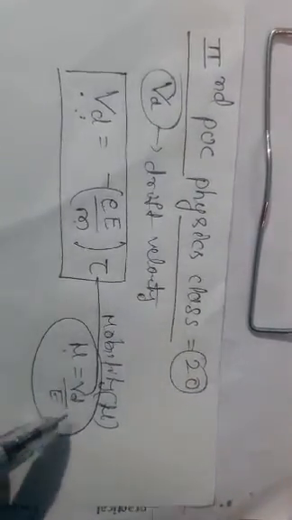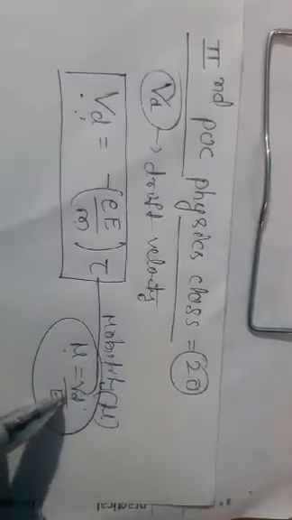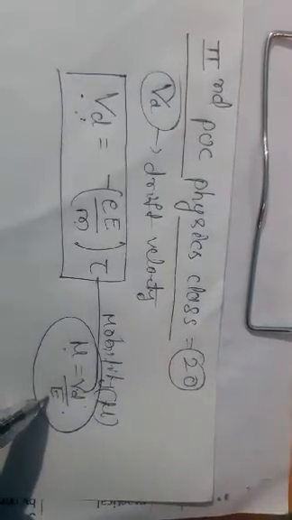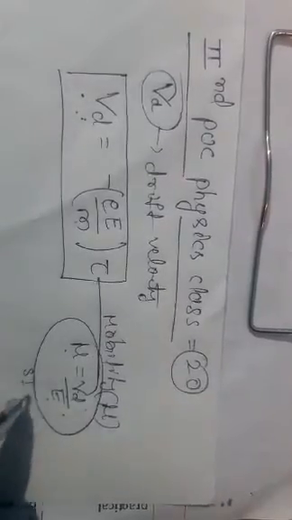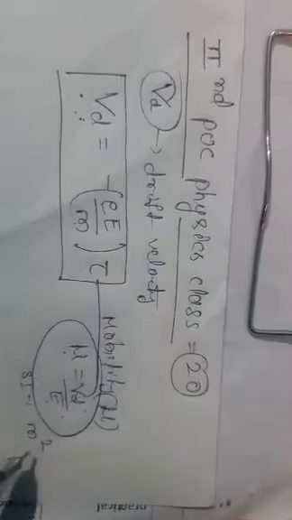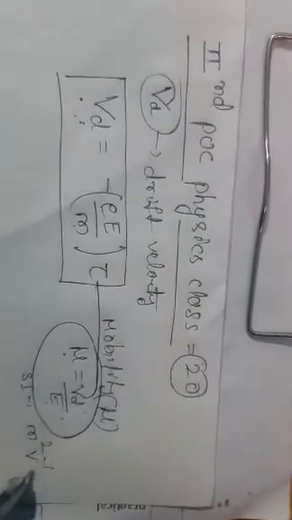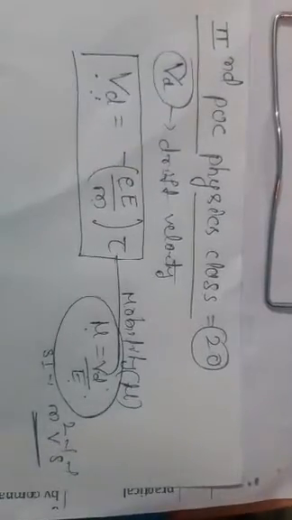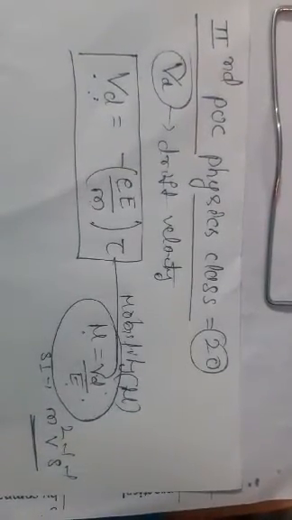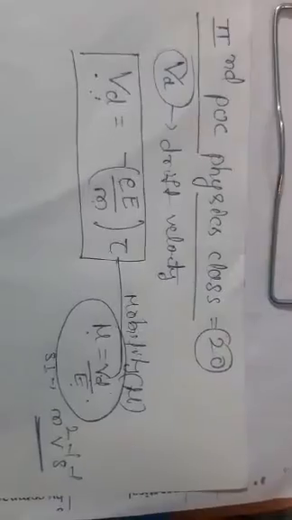Mobility is defined as the ratio of the drift velocity to the electric field acting per unit positive charge. The SI unit of mobility is meter square per volt per second, that is, m squared V inverse s inverse. This is the concept of mobility.